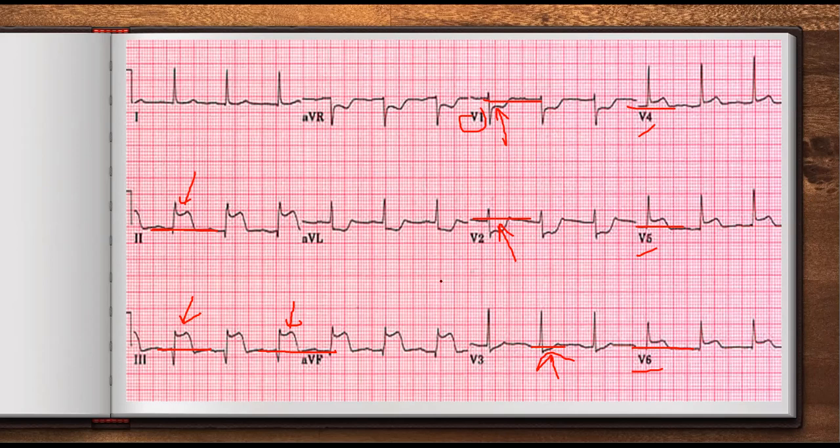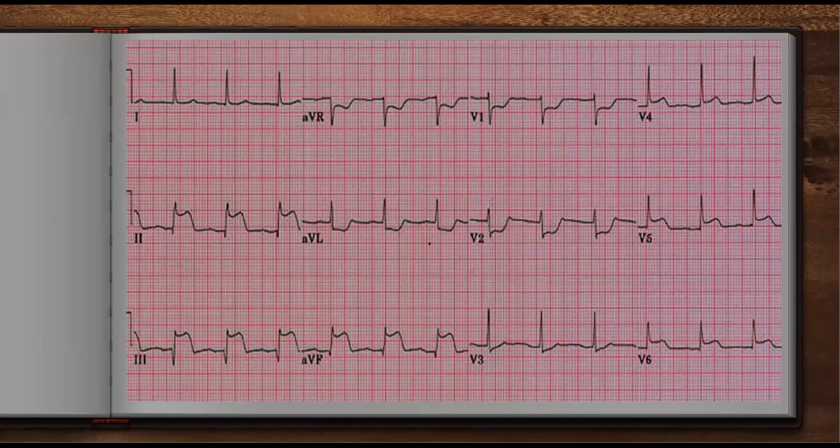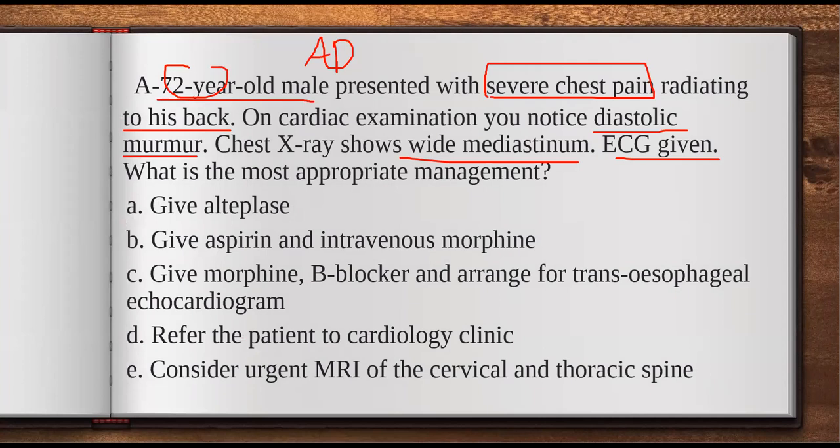If it's an inferior MI, can it happen in aortic dissection? Yes. How? If the dissection occurs in the proximal part of the aortic root, from the aortic root, the coronary arteries also arise. So if the dissection involves the coronary arteries, then you can develop MI on the top of aortic dissection.